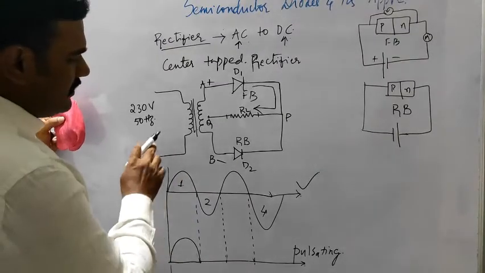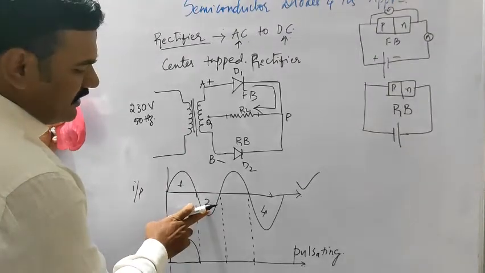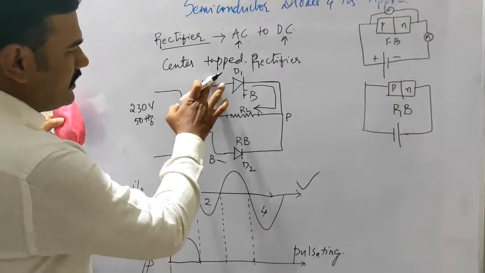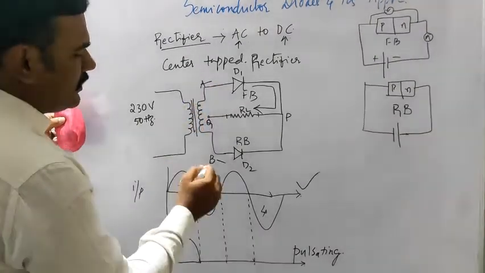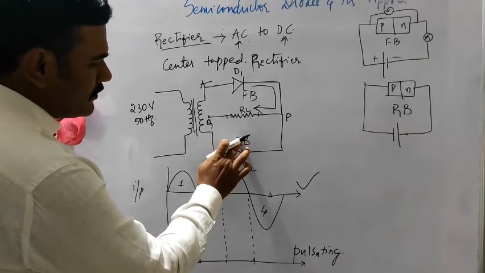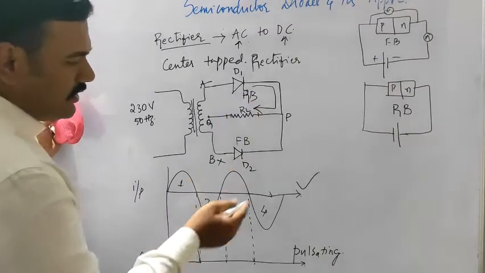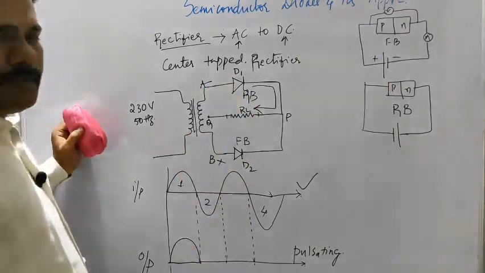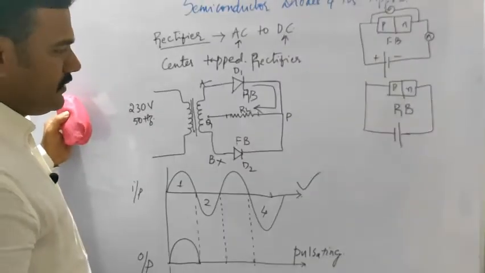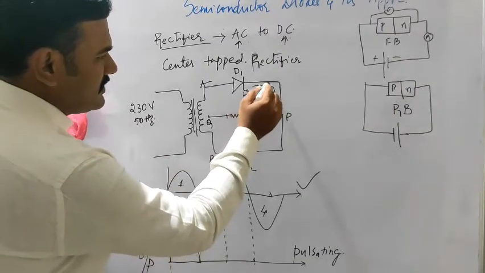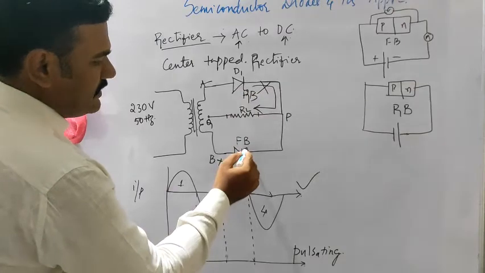Second case, when the negative half cycle, that is the second half cycle, comes across the secondary, A becomes negative and B becomes positive. Diode D2 now becomes forward biased, but D1 becomes reverse biased. In this case, D1 does not conduct, D2 conducts.